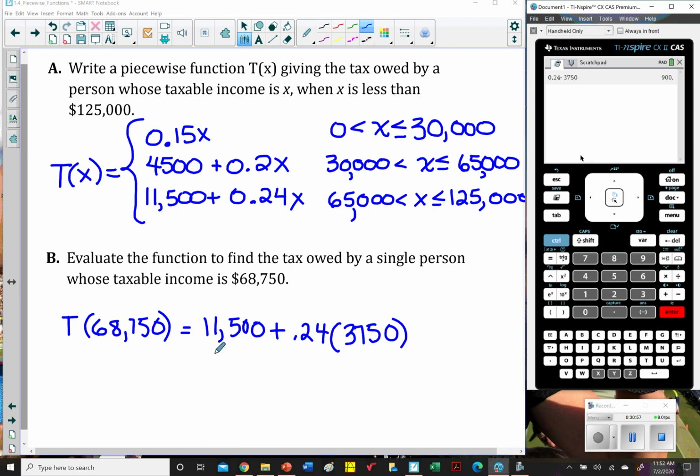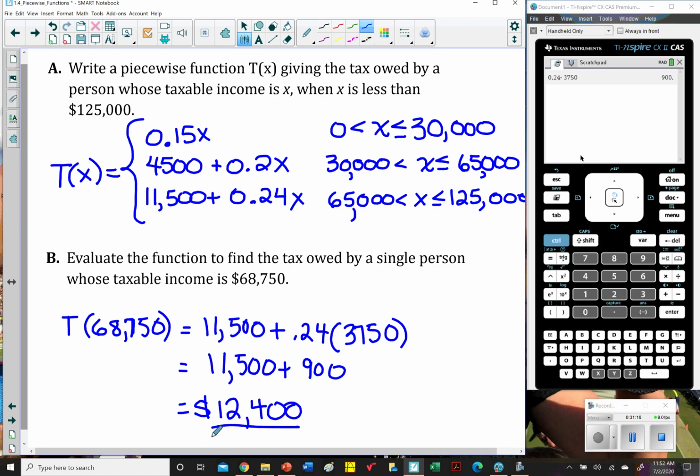So 11,500 plus an additional 900 means a single person making $68,750 on planet Leibniz, in the land of Leibniz, is going to pay $12,400 in taxes for that year.